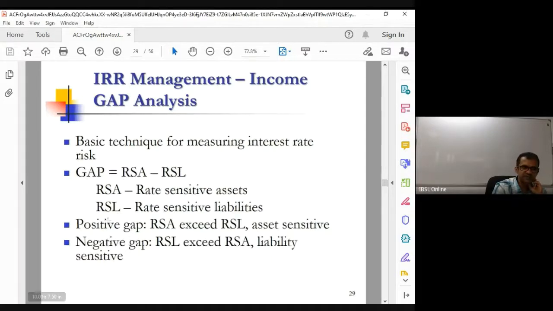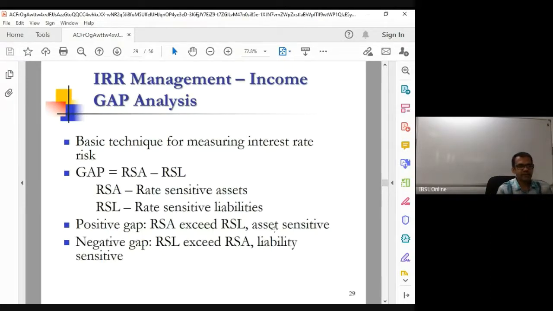Again, we say we have a positive gap when rate sensitive assets exceed the rate sensitive liabilities, or we call it asset sensitive. When there's a positive gap, our balance sheet is sensitive to the changes in asset value.